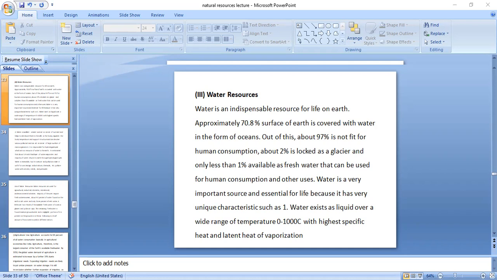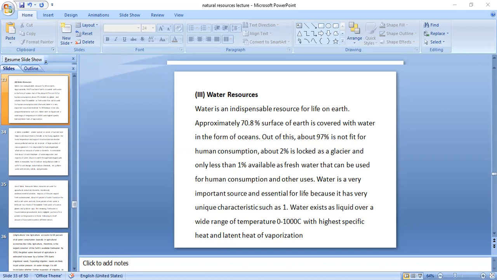Now, here, disadvantages and problems. As I have just discussed, every action, every issue has its positive effects and it also has its negative impact or negative effect. Every thing, every resource, every action has some pros and some cons.